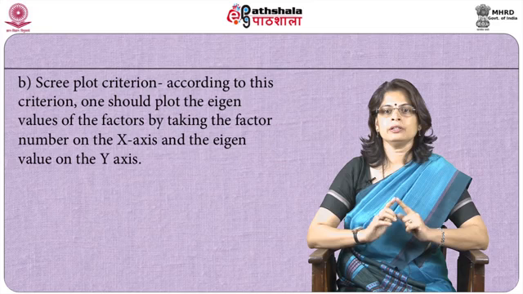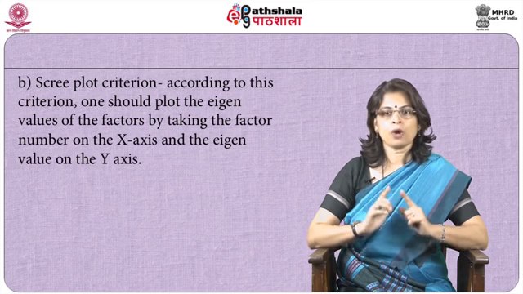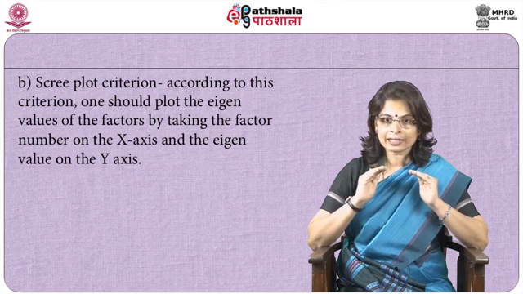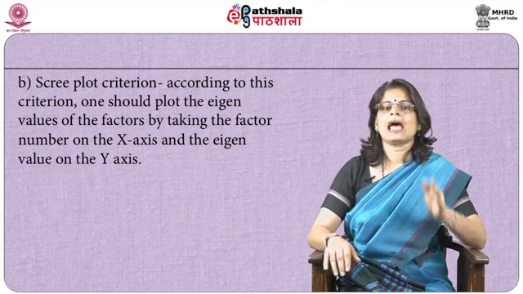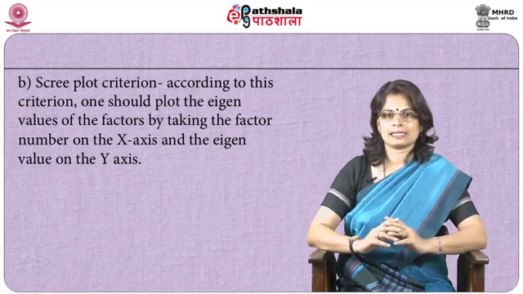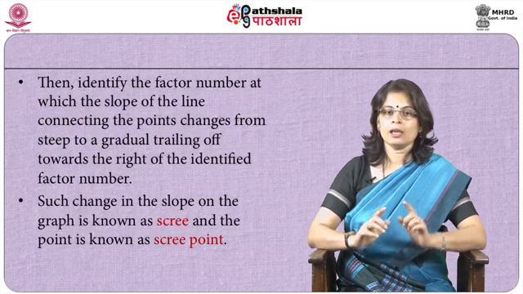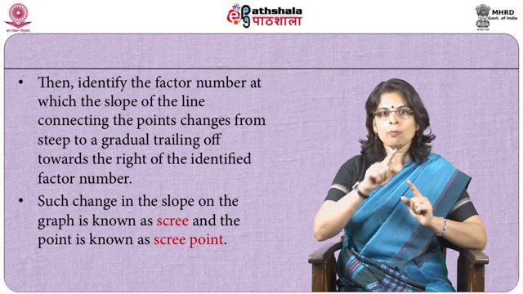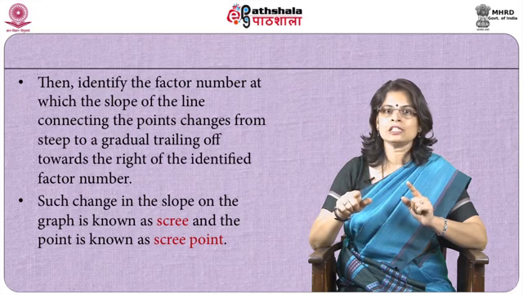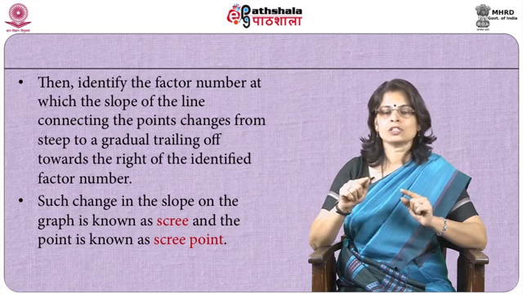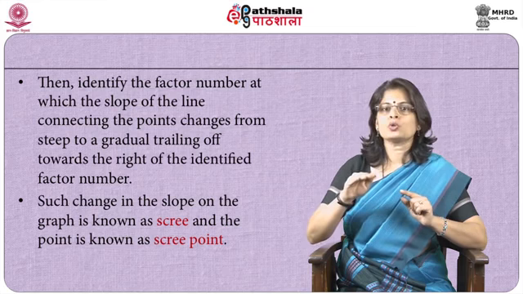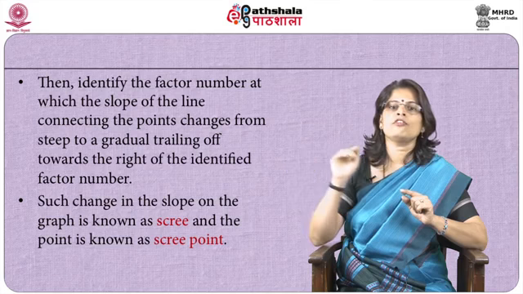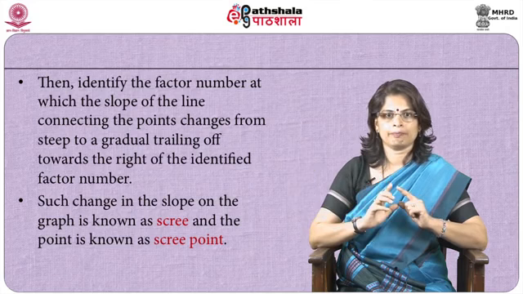According to this criteria, one should plot the eigenvalues of the factors by taking the factor number on the x-axis and the eigenvalue on the y-axis. Then identify a factor number at which the slope of the line connecting these points changes from steep to a gradual trailing off towards the right of the identified factor number.